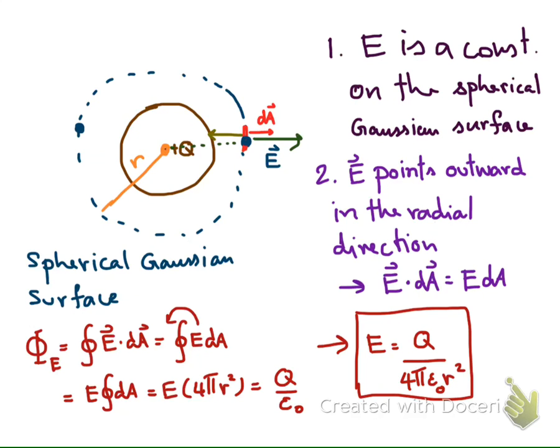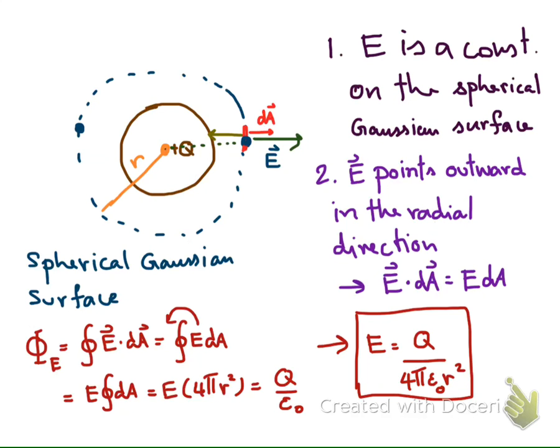So it means that if you collapse all charge to the center, the electric field at this point from the sphere will be equal to the electric field of this point charge at the center. Okay.